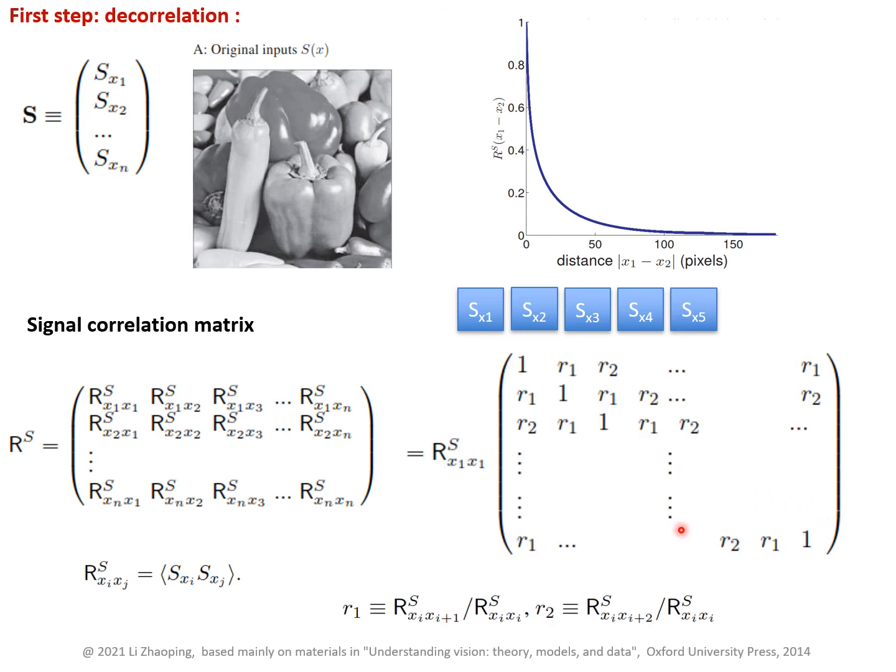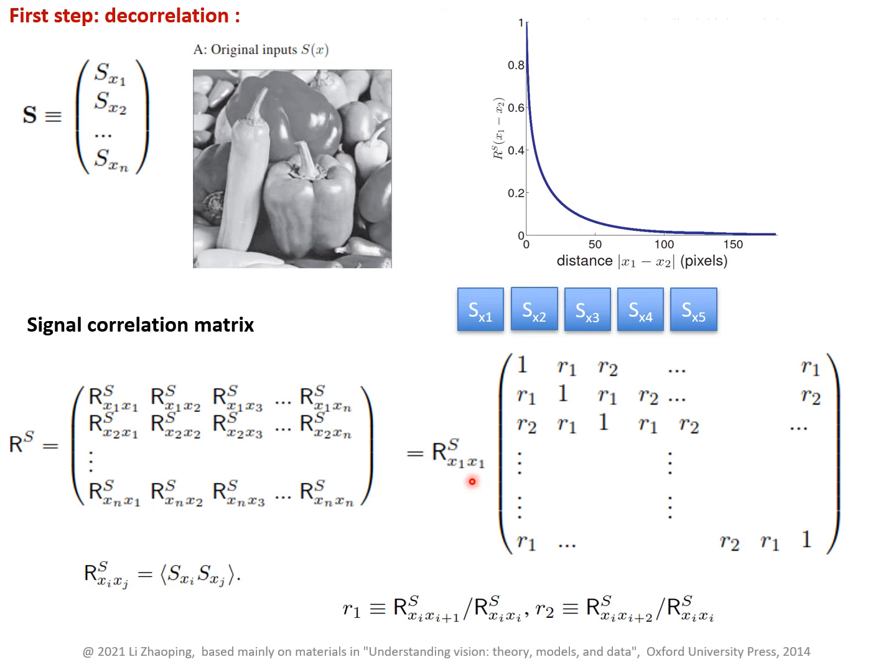This means that this correlation matrix can be written like this. We take the self-correlation factor outside the matrix, and then the diagonal elements are all equal to 1, because this factor has been taken out. And these off-diagonal elements are equal to R1, where R1 is the ratio between this off-diagonal element and the self-correlation.